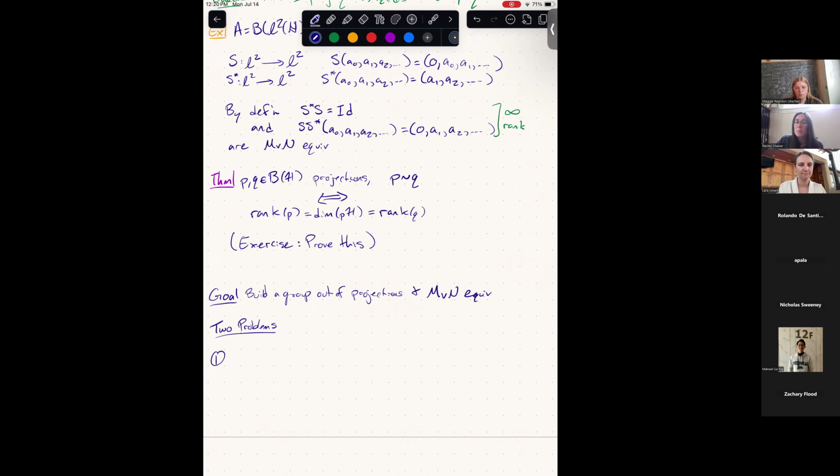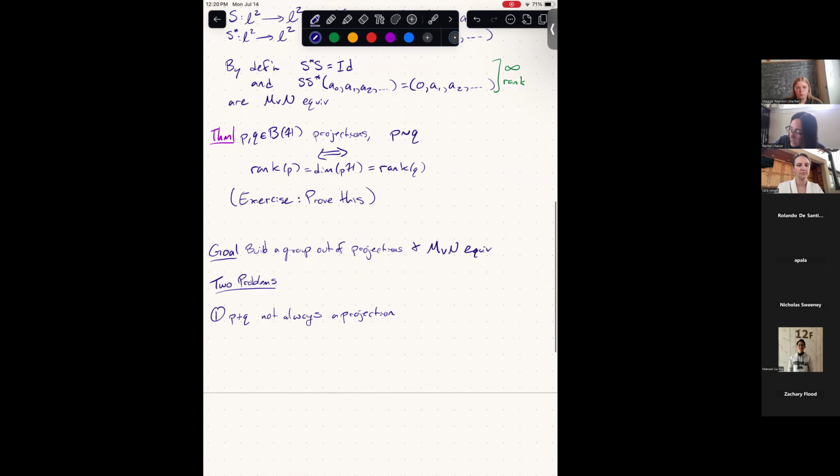The first problem is that if you try to add two projections, you don't always get a projection. So P plus Q is not always a projection. But if you want to have a group, you should have P plus Q being a projection. For something concrete, if I add these two projections in M2 of C, I get 2, 0, 0, 0, which is not a projection.